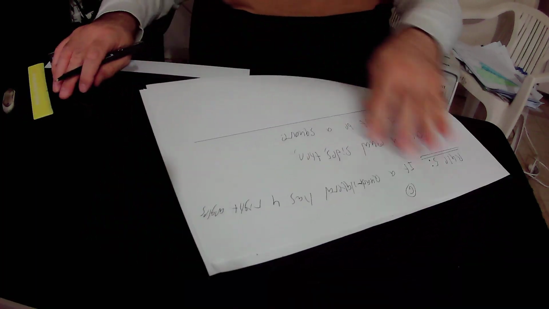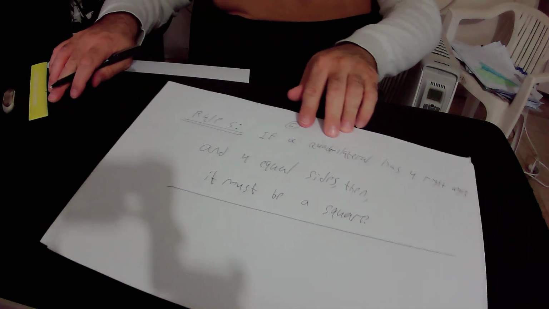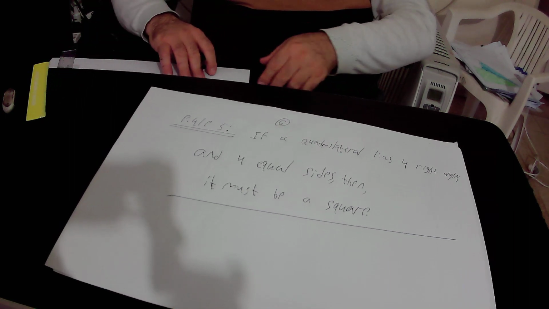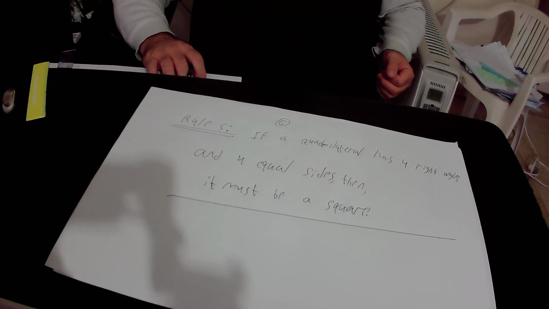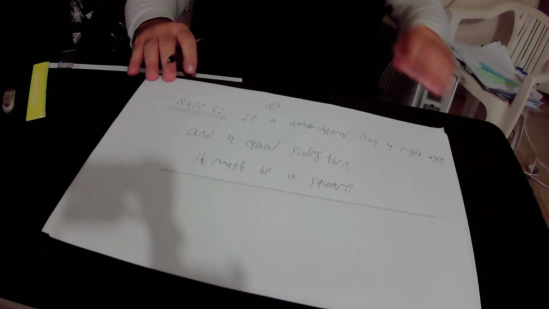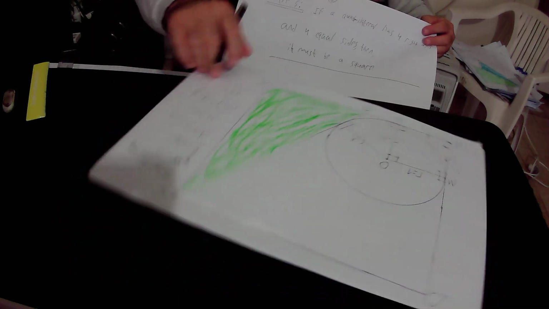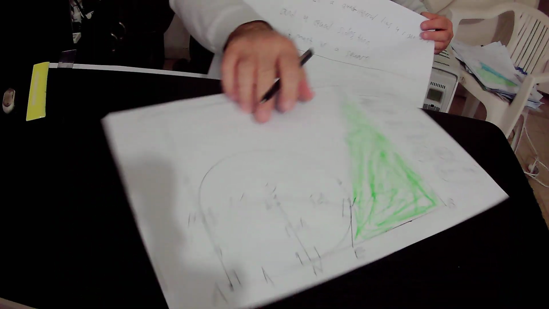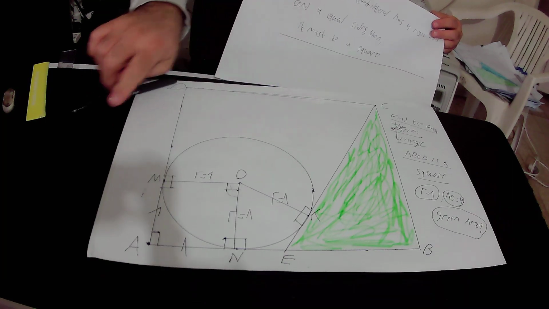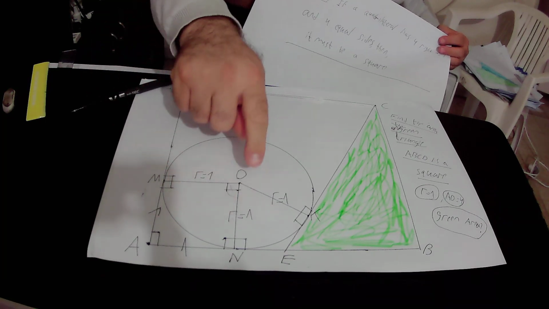So I will read rule number 5 again. According to rule number 5, if a quadrilateral has 4 right angles and 4 equal sides, then it must be a square. And our quadrilateral MOAN, as you can see, has 4 right angles, 1, 2, 3, 4, and 4 equal sides.